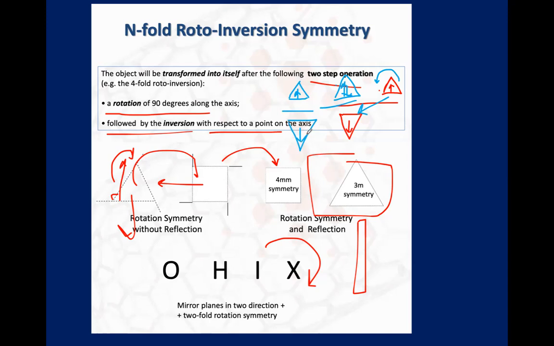Okay, so it's a rotation and inversion. So it's like two mirror planes. Here, if you put a mirror plane, it will look in this shape, right? So that is one mirror plane here, and the second mirror plane is here.